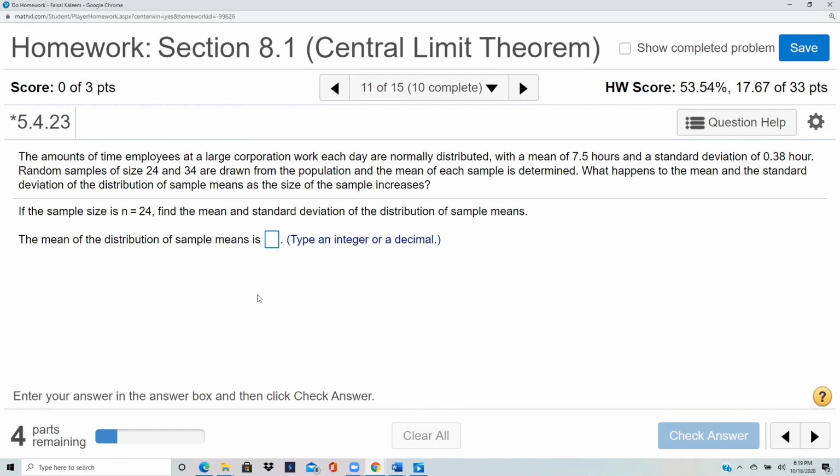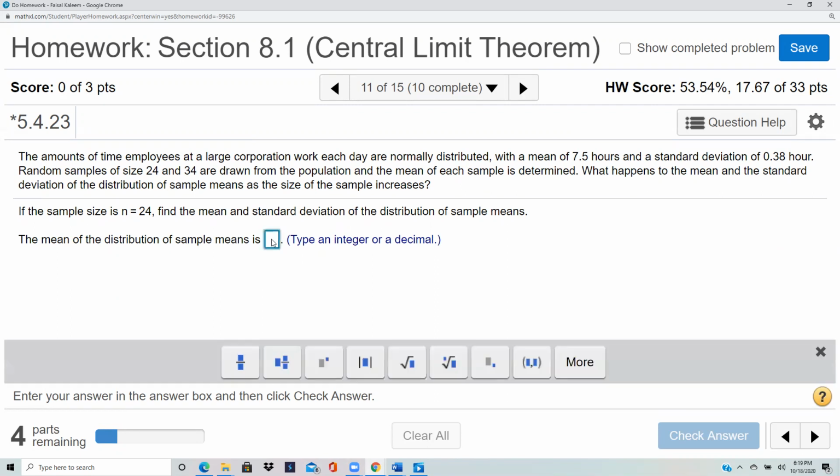So when the sample size is 24, the mean is still 7.5. That doesn't depend on the sample size; 7.5 was the original mean.